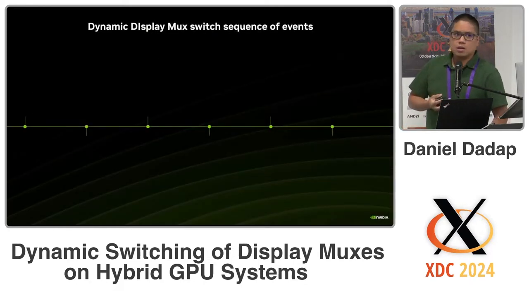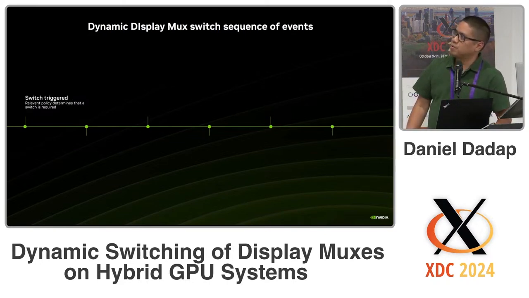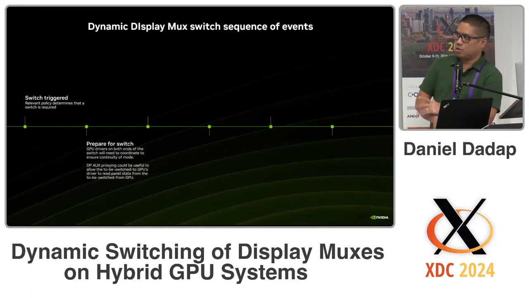Let's take a look at what happens during a mux switch. The first thing, of course, is the mux switch needs to be initiated. So that's going to, again, happen through one of those example policies. And once the mux switch is underway, the GPU drivers on both sides of the switch are going to need to coordinate.